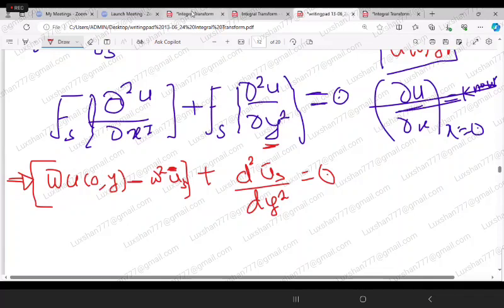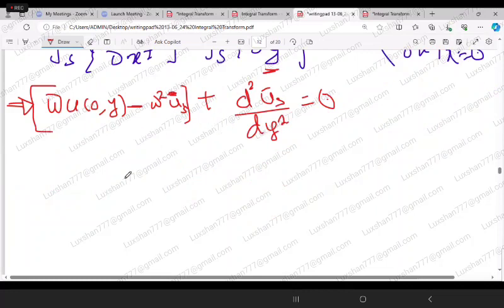Therefore, we have ω² u bar s minus ω² u bar s plus d² u bar s equals 0.